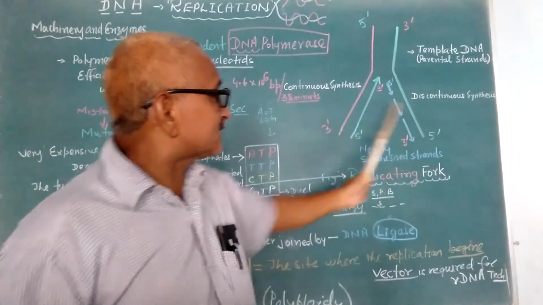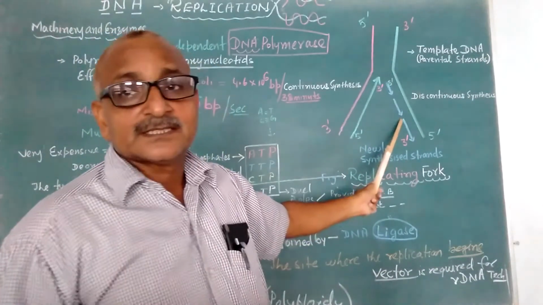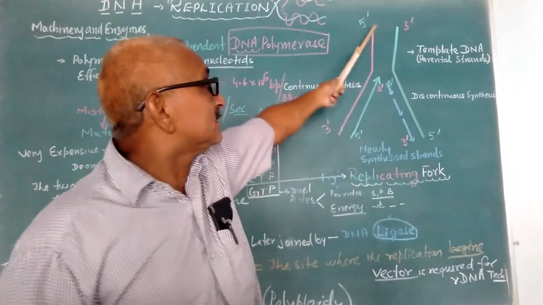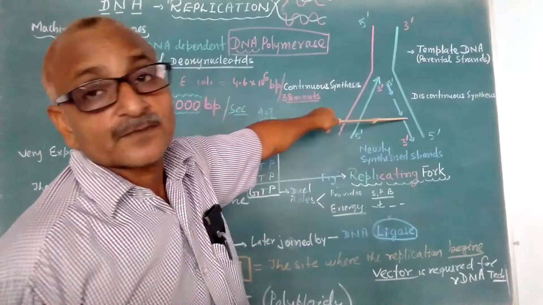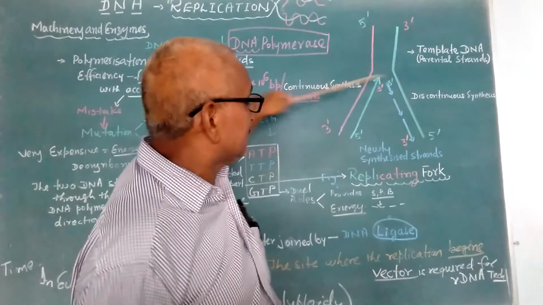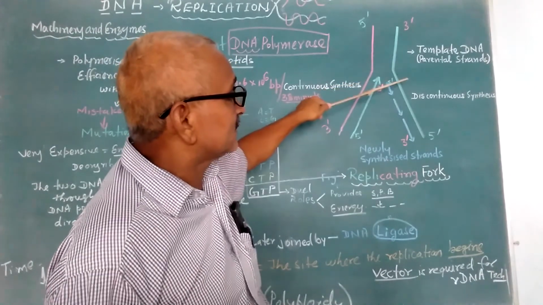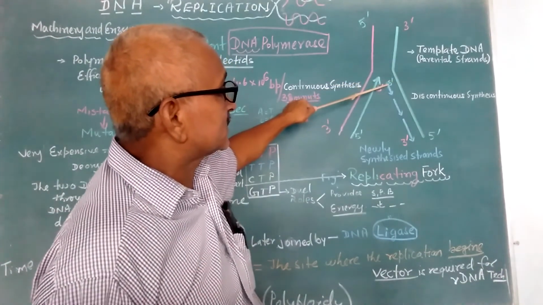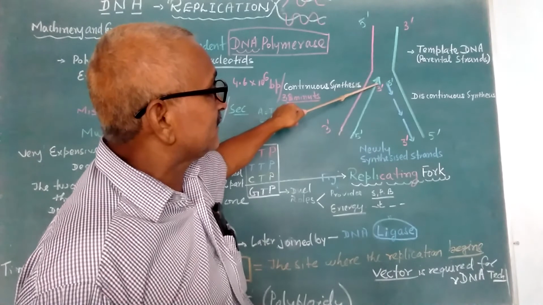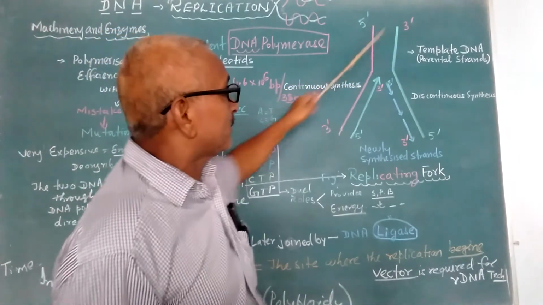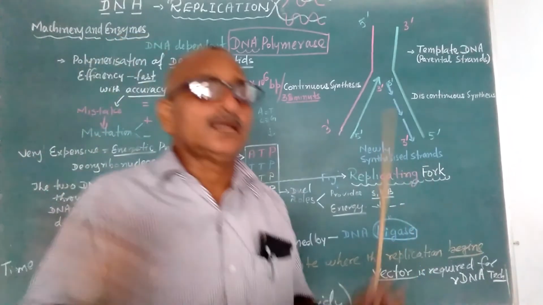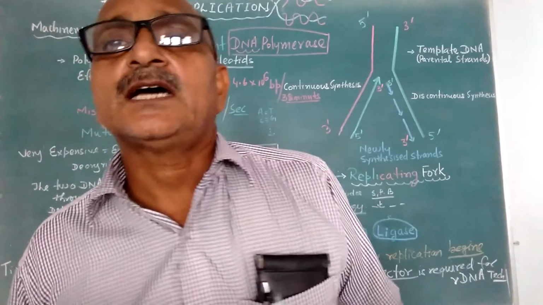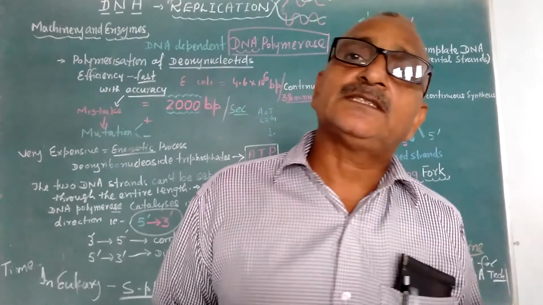These are the parental strands and these are the newly synthesized strands. Whatever the original parental strands are, the new ones follow accordingly. If thymine is there, here again adenine comes. Here thymine comes. Thymine searches adenine, adenine searches thymine. So adenine-thymine earlier and adenine-thymine later. So the same DNA genetic material is synthesized.